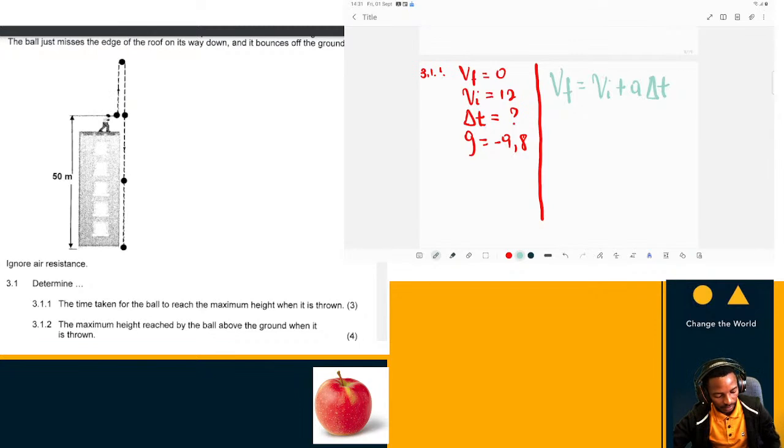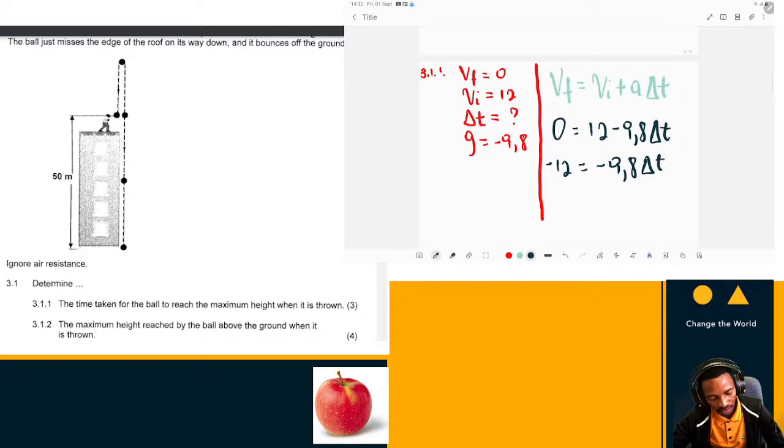Then our V final is 0 at maximum height. Our initial velocity is 12. Our acceleration is minus 9.8. Then the time, we don't know. Then I'm going to transpose this 12 and it will be negative when it crosses the equal sign, then I will have 9.8 times delta t.